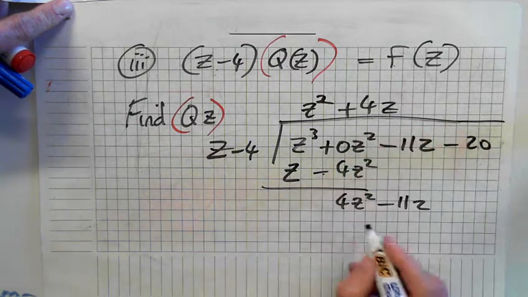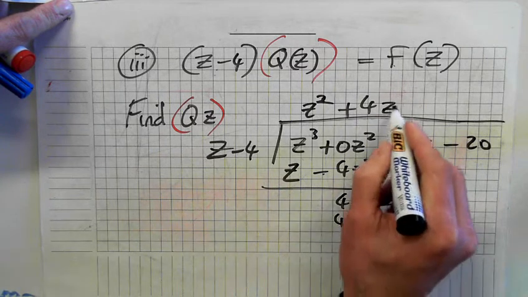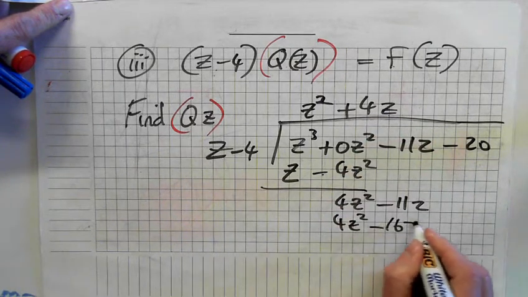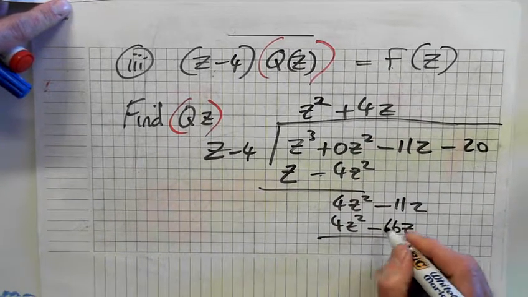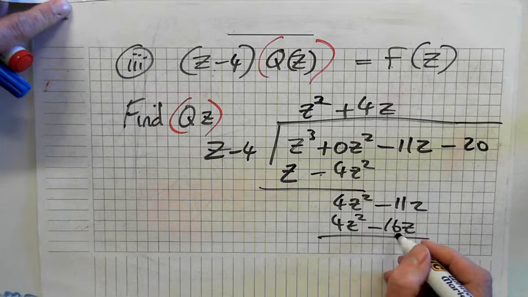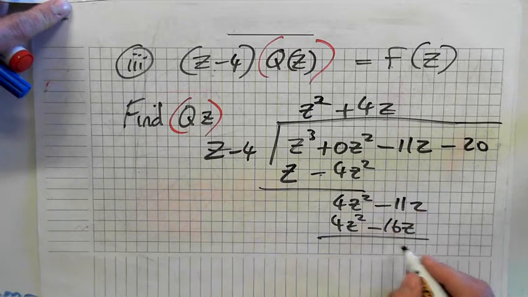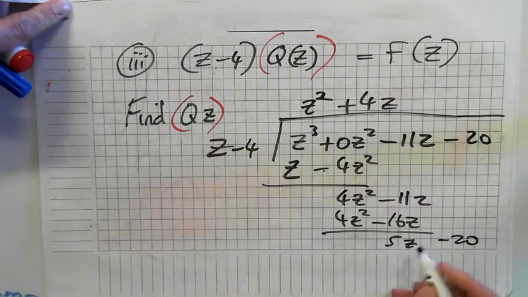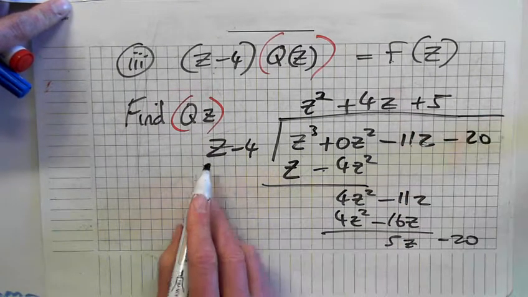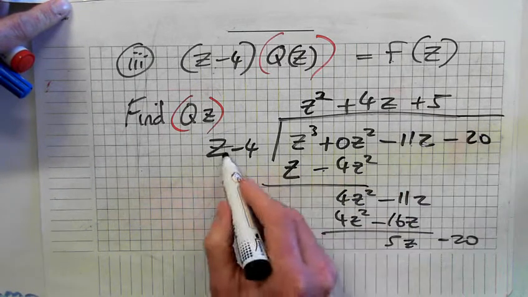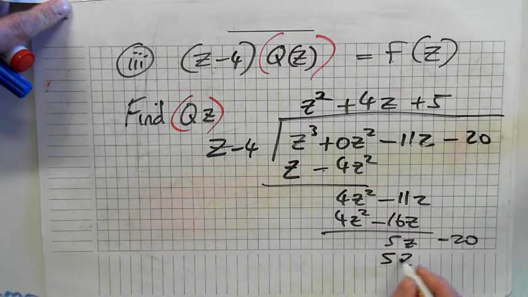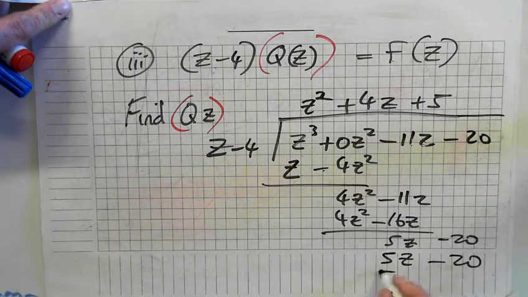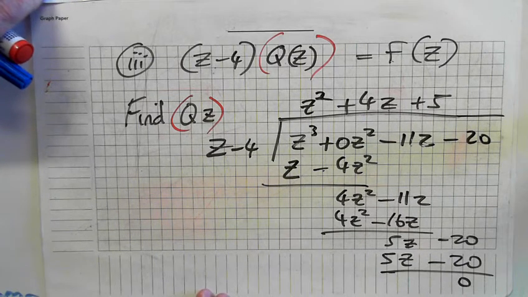So it's 4z times z, 4z squared, 4z times minus 4, minus 16z. Change the minus 16 to a plus, and that becomes 5z minus 20. So z into 5z, plus 5. And multiply 5 times this, 5z minus 20. Change the sign and subtract.